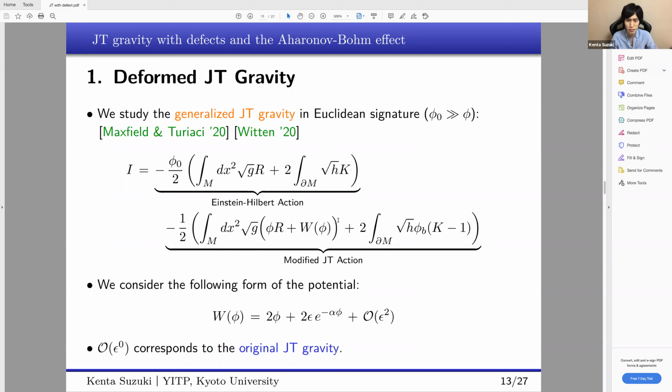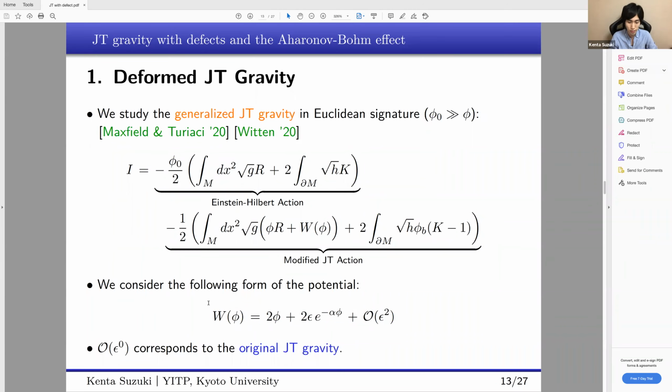We now generalize to a general functional form of the dilaton field phi. The first line is again the Einstein-Hilbert action, and the second line corresponds to the dynamical part of this modified JT gravity action.